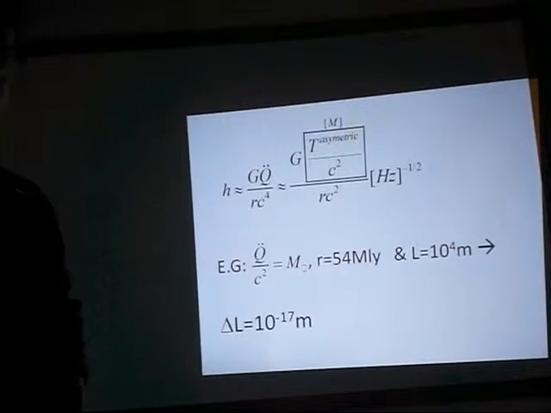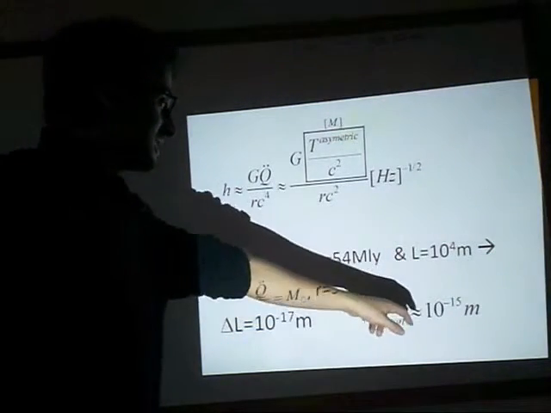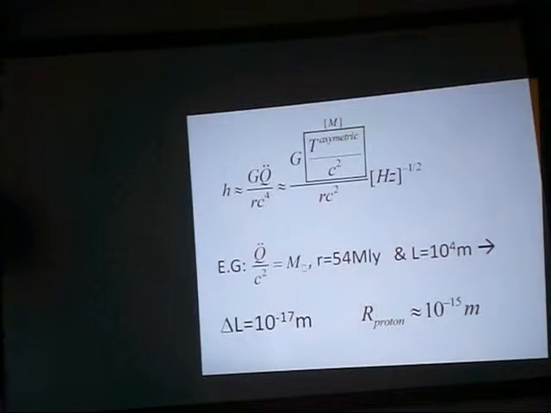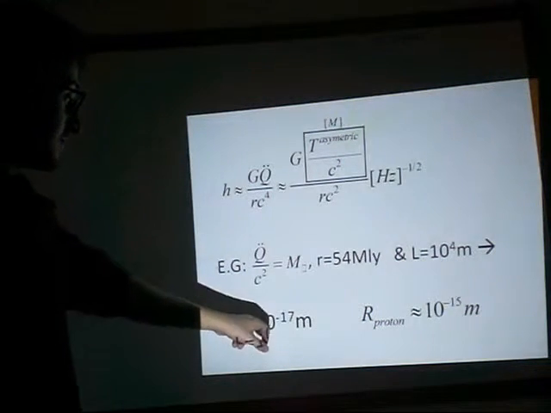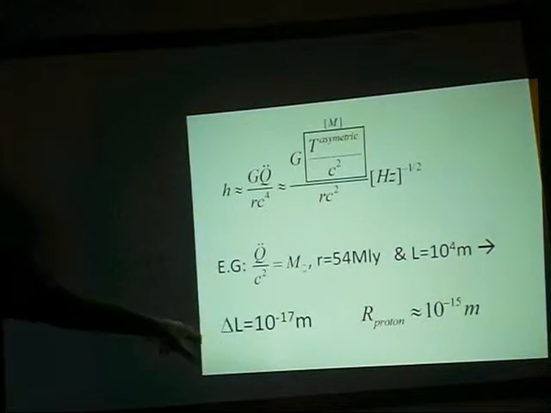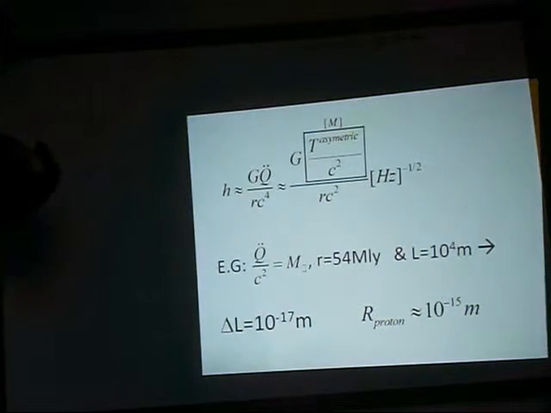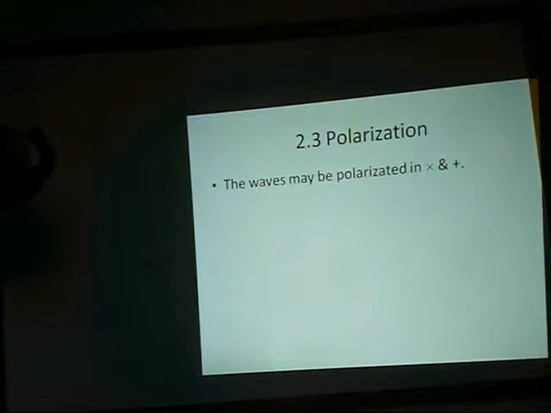It's small compared, for example, with the radius of a proton, which is around 10 to the power minus 15. It is 100 times smaller than the radius of a proton. It's so small.